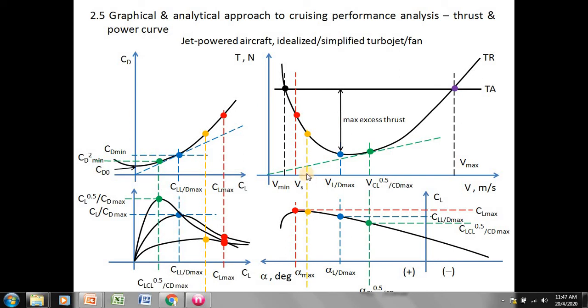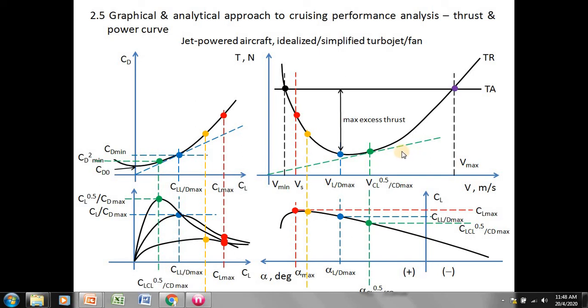This is more relevant for propeller aircraft, and this is the airspeed where your power required is minimum. But for jet aircraft, it's not that relevant. The most relevant are the airspeed at minimum drag and the airspeed at CL to the power of half over CD max.